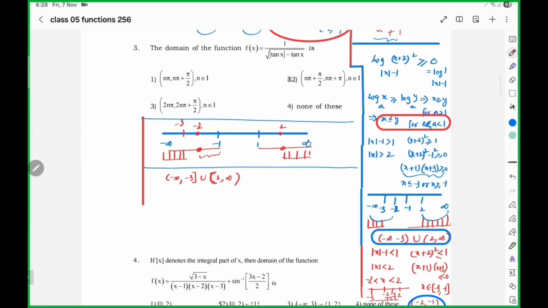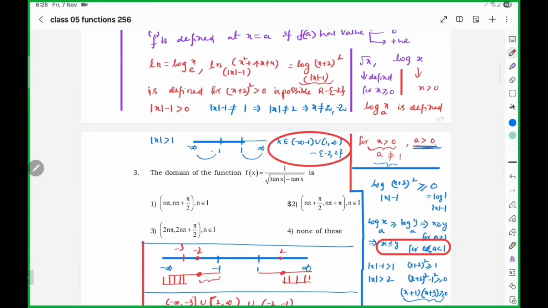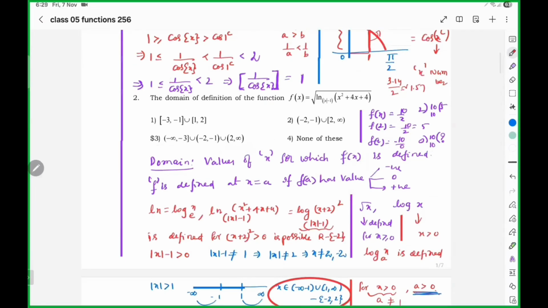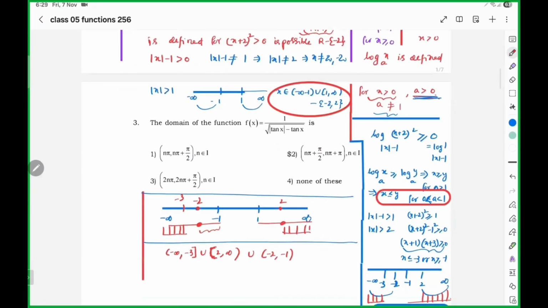And the last case we got solution is minus 2 to minus 1. So this will be our final answer. In this particular problem, root function definition, log function definition, basic logarithmic inequalities, everything came. It's nothing but doing 5 to 6 problems.